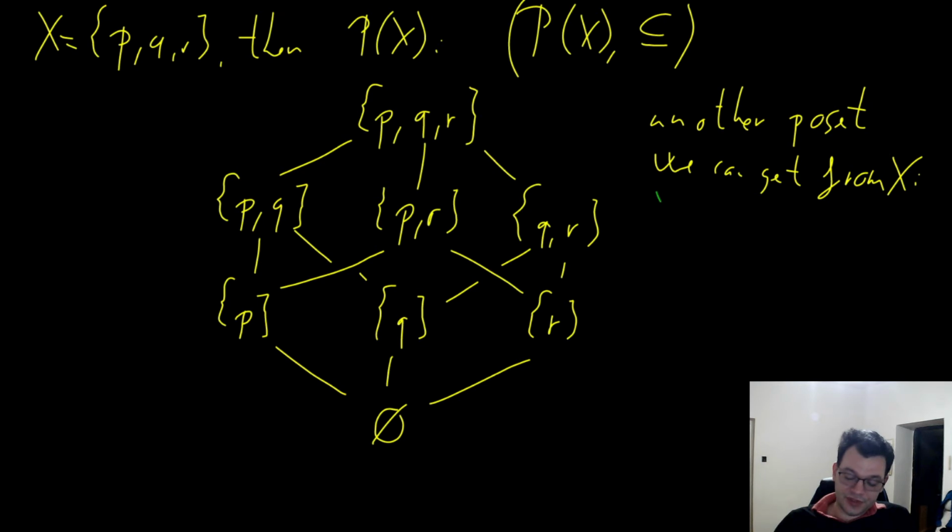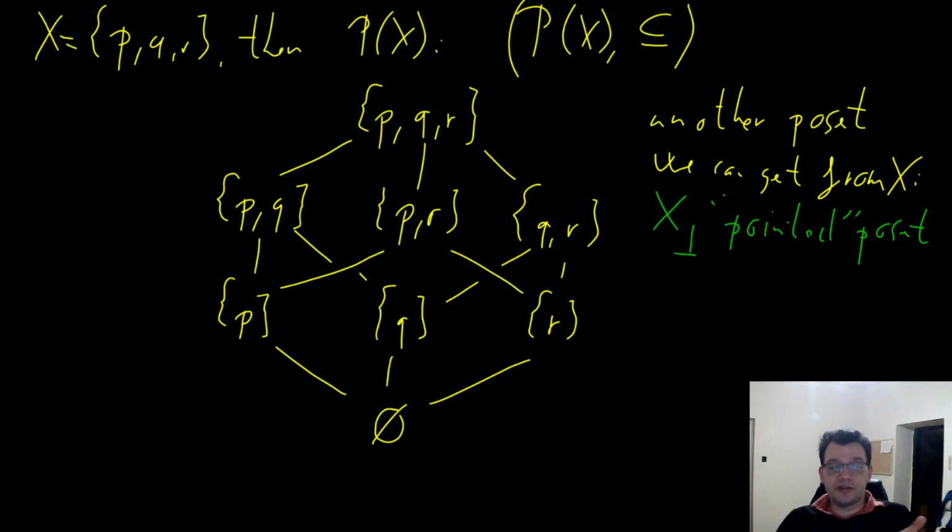It's X with bottom, a so-called pointed poset. This is just getting a new element, which is usually denoted by bottom, and placing this guy below all the other elements of X, and the elements of X themselves won't be related.